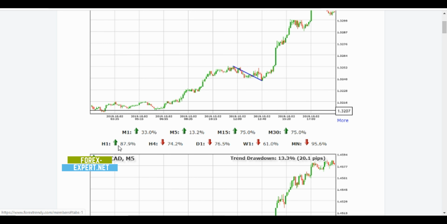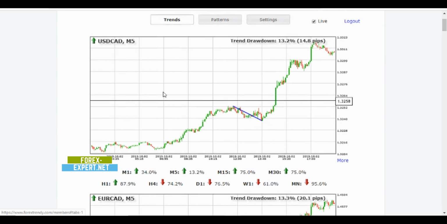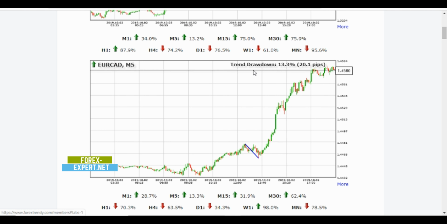Those numbers that you see next to the time frame and the arrow are the drawdown. So take it into account, bear in mind. And as you scroll down, you will see that the drawdown will grow. Today is a very good day, apparently. The drawdowns are very small.